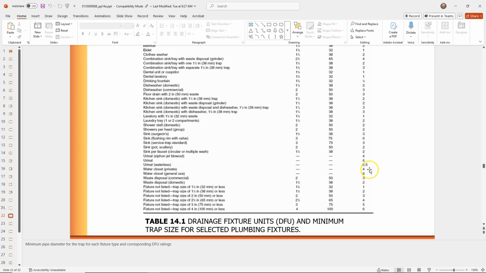So the drainage fixture units are going to be listed for each of those things, which will help us decide on the size of the drain that's going to have to be connected to it. Keep in mind also that most of these fixtures are going to have a predefined drain size that you would be able to look up and determine prior to purchasing or speccing this particular fixture.